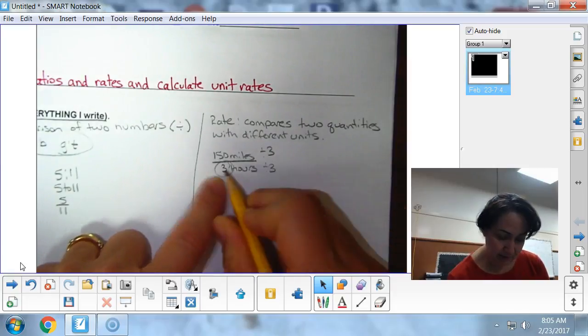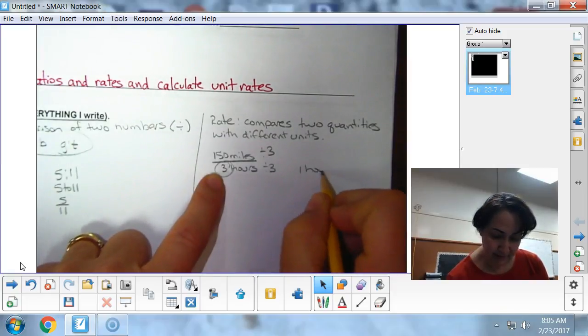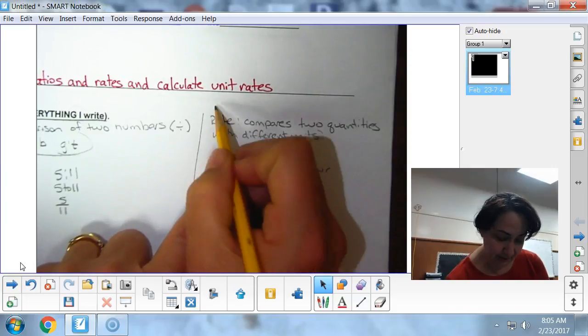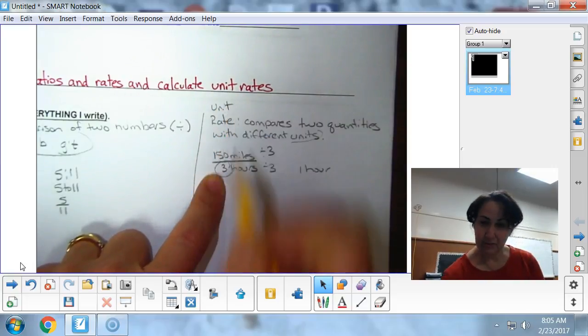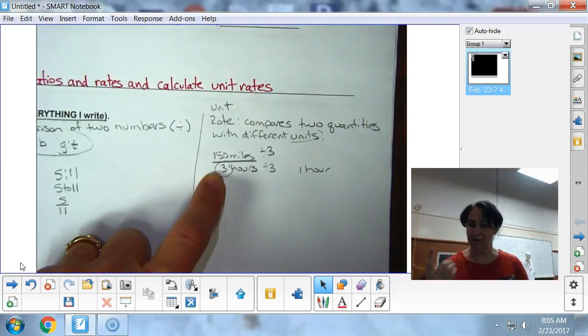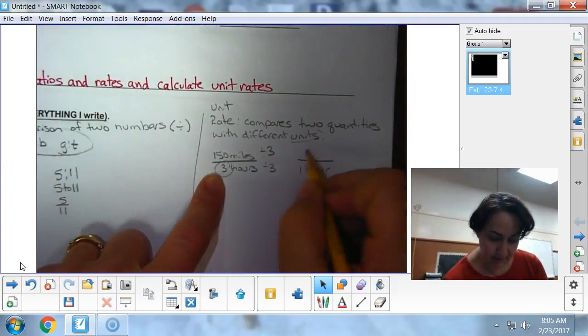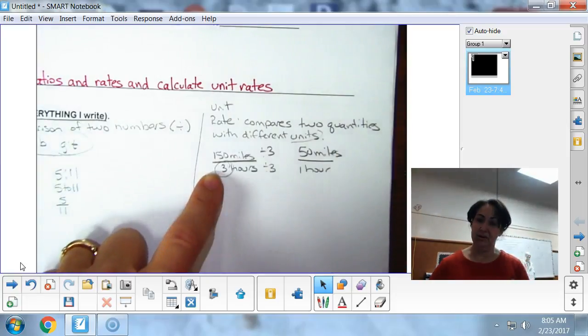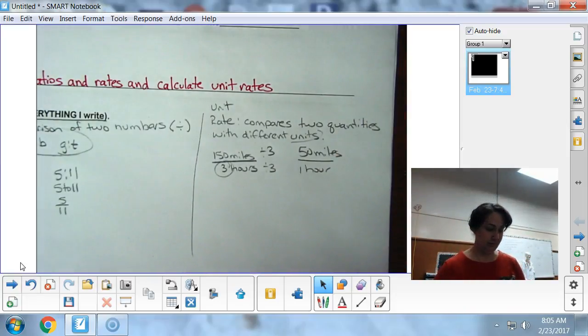So we would get 1 hour on the bottom, which when we talk about unit rate, should have written unit there, we're talking about 1. So 1 hour is 50 miles. So 50 miles for each hour is what that turns into. So you're dividing by whatever number you have in the denominator.